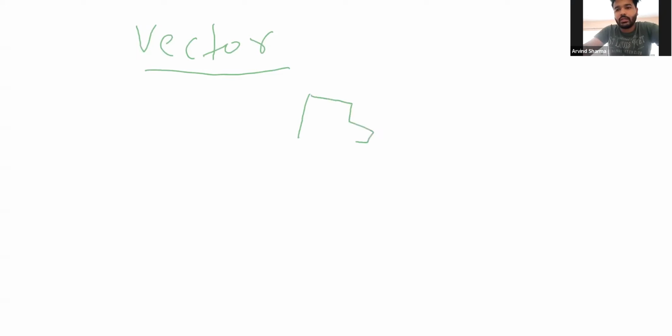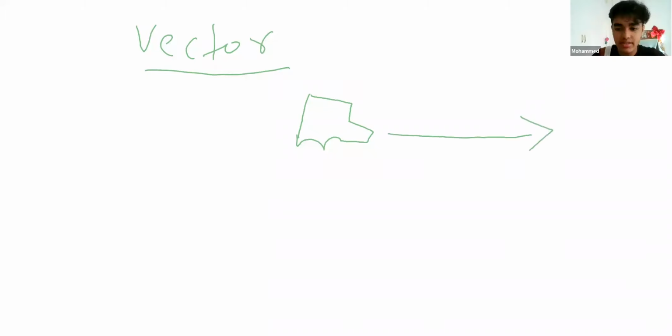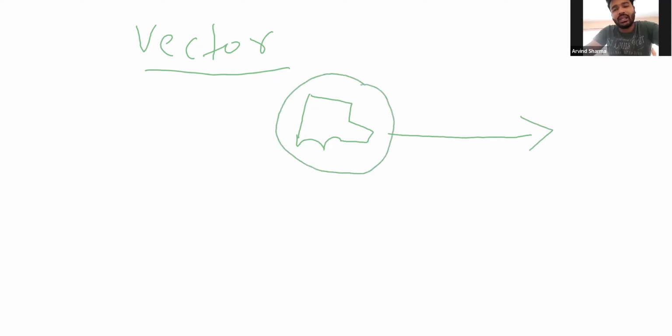Now, what is a vector basically? A vector is a physical quantity which has a magnitude and a direction. Like if you are driving a car, for example. Now you will drive it in a particular direction, and this car also has a magnitude, like this car has a weight.